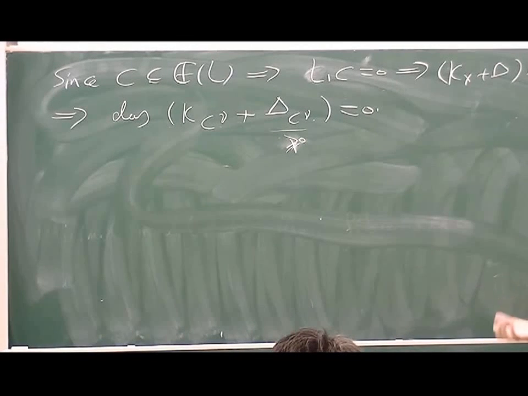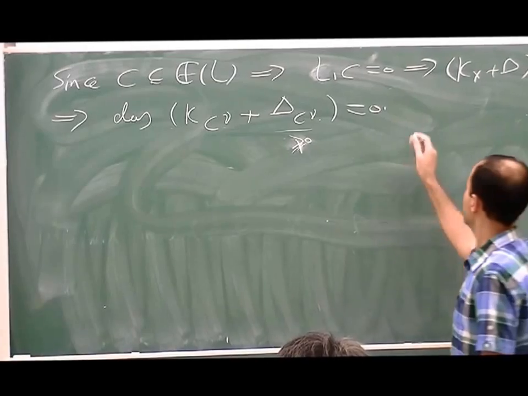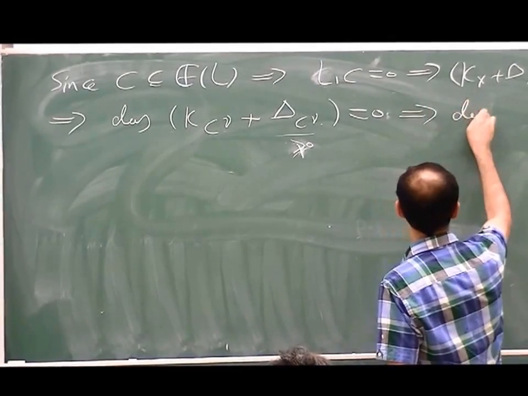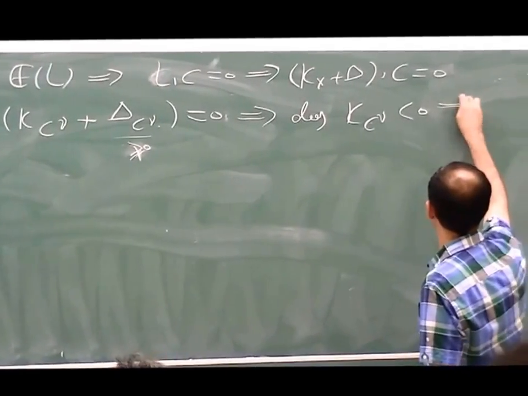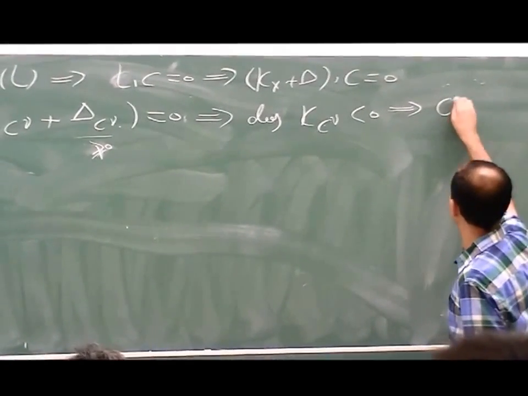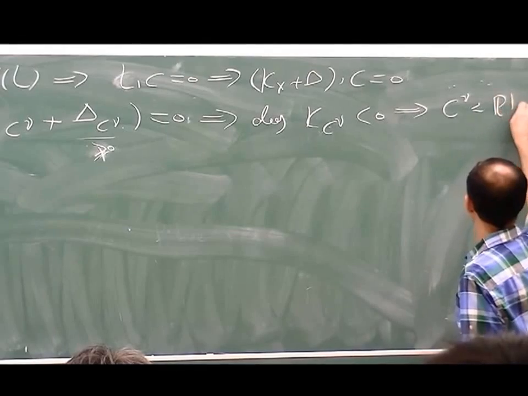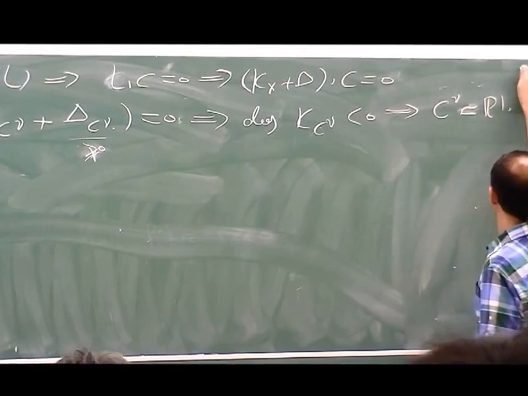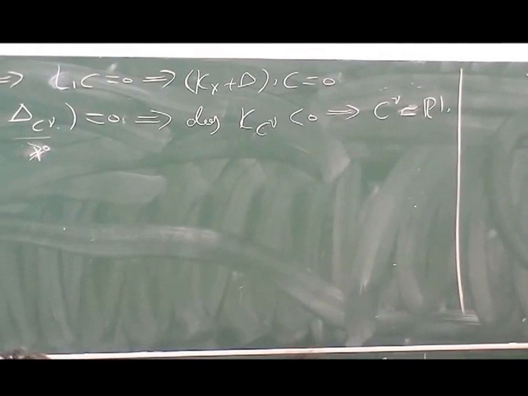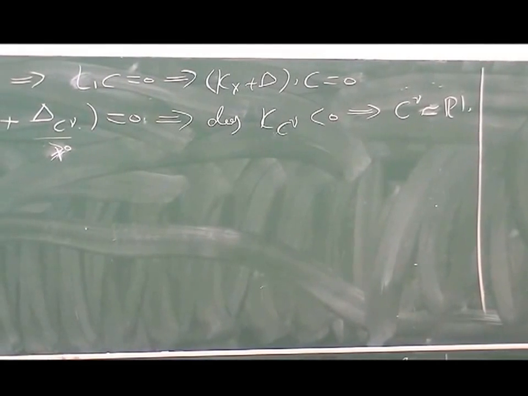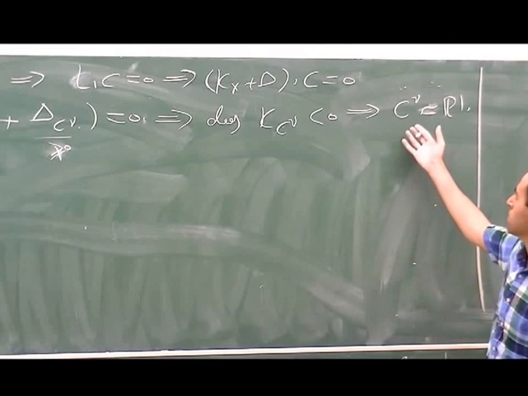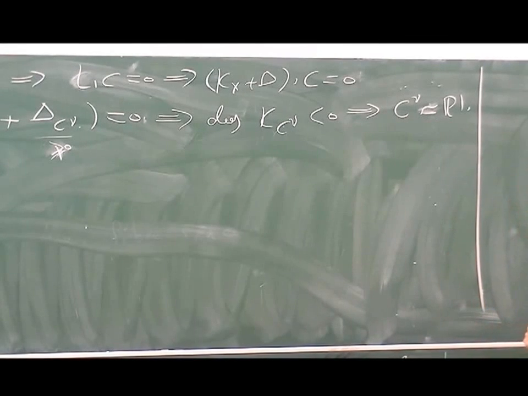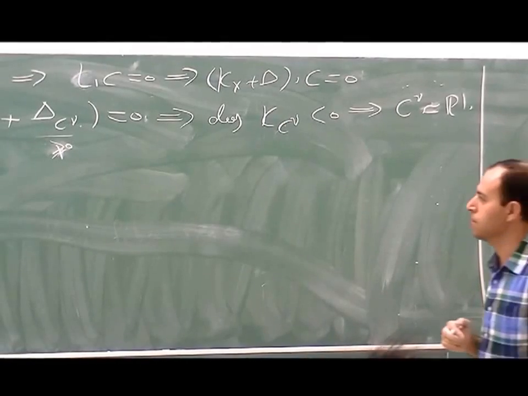Well, this implies that the degree of the canonical divisor should be negative. And there is only one possibility: this curve should be exactly the projective line. Because if it is elliptic, the degree will be 0 plus something which already has positive degree, so it cannot be 0. So this forces the curve to be of a very special type.